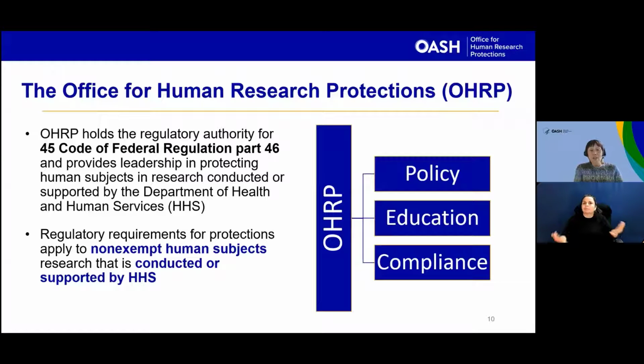So the Office for Human Research Protections, or what we call OHRP, holds the regulatory authority for the set of regulations called 45 CFR, Code of Federal Regulations, Part 46. This office provides leadership in protecting human subjects in research conducted or supported by the Department of Health and Human Services. Now, regulatory requirements for protections apply only to non-exempt human subjects research that is conducted or supported by HHS.